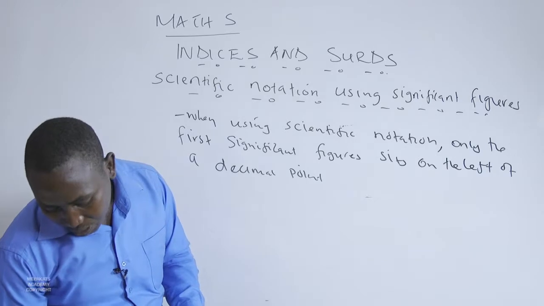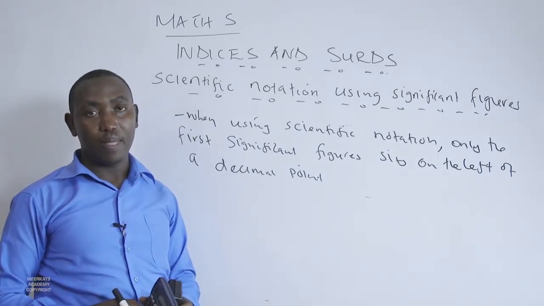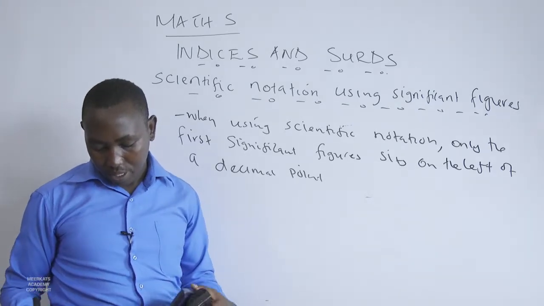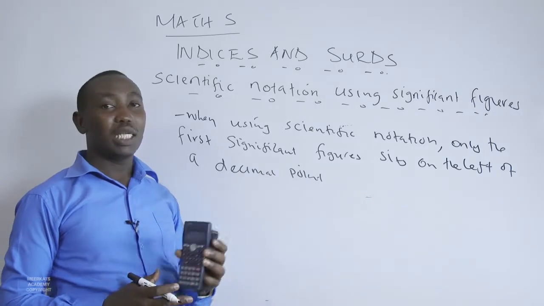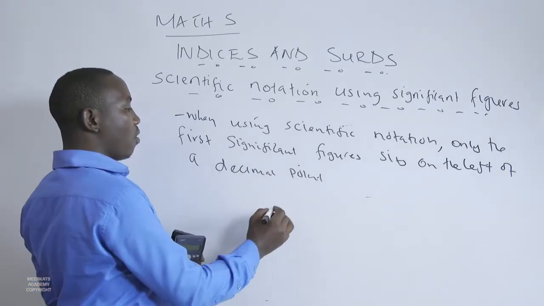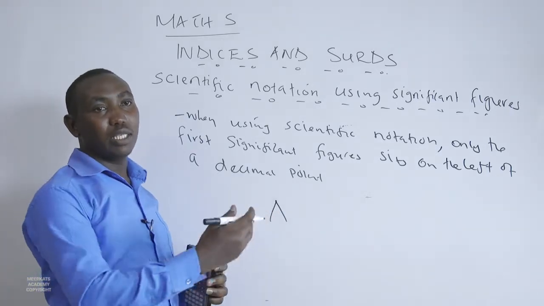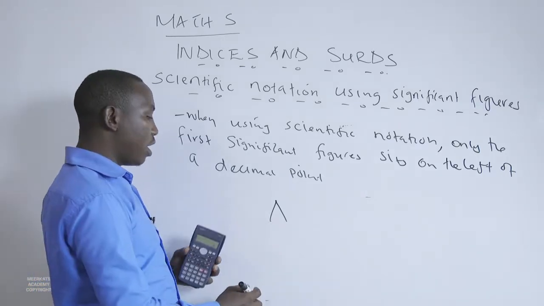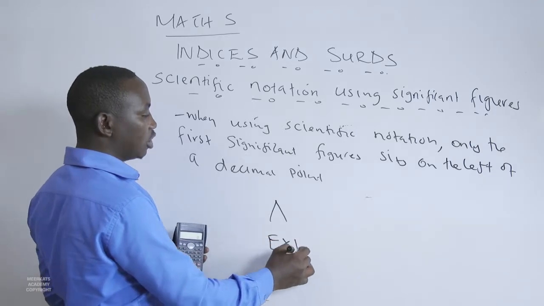Now, sometimes you might be forced to use a calculator whenever you want to express numbers in scientific notation. In the calculator, there are two provisions. One has got this sign, which means you are raising that number to a particular power. Or there is another button called EXP.